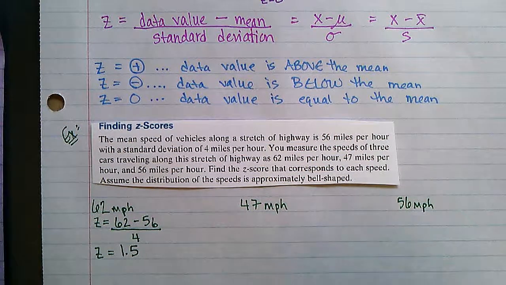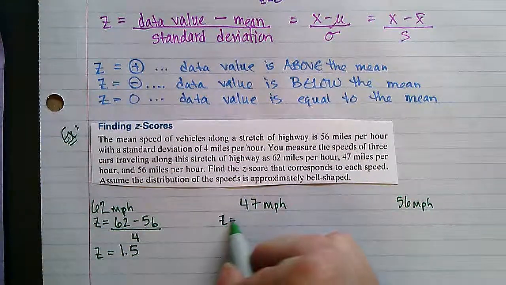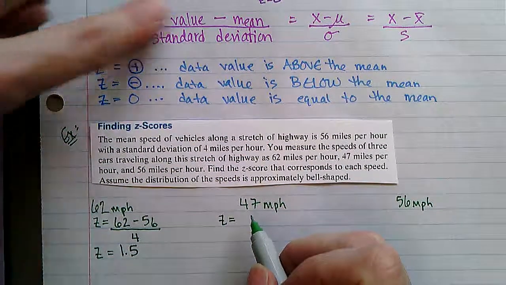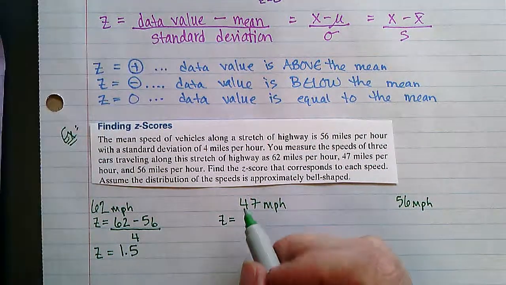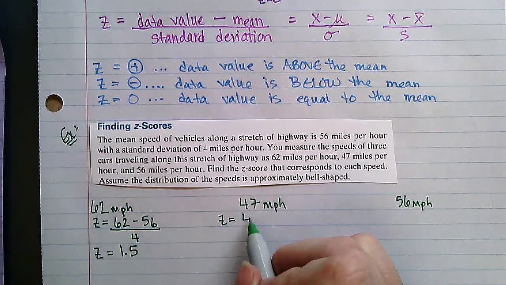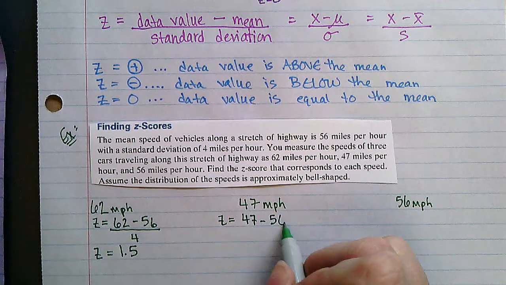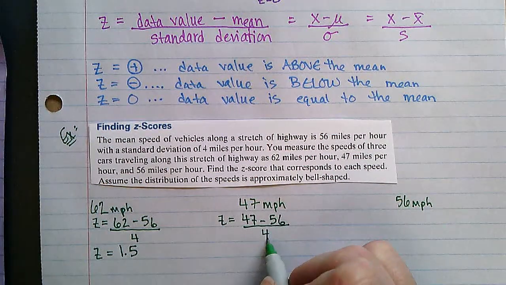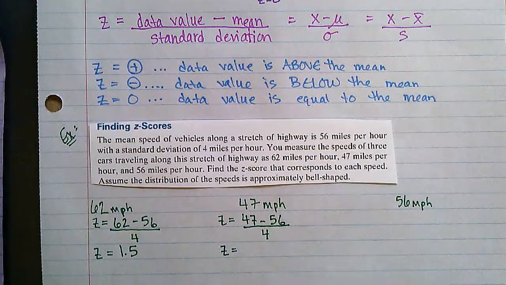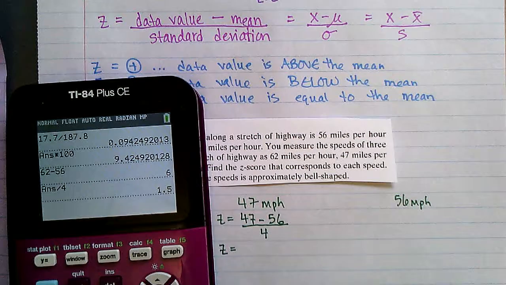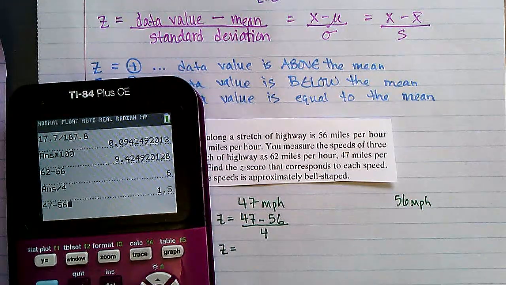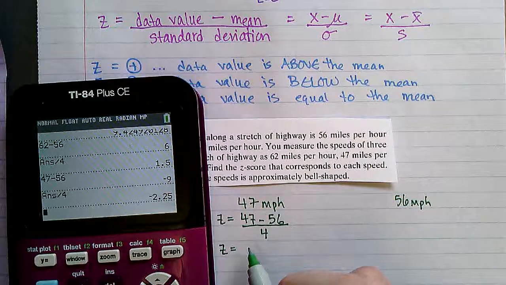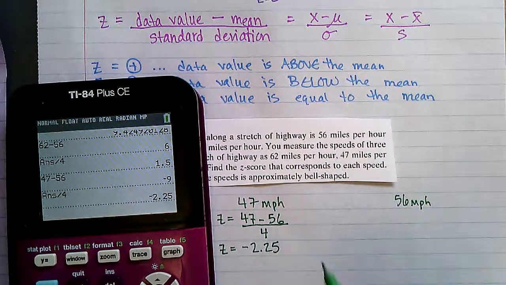For 47 miles per hour, we're going to take data value minus the mean, divide by standard deviation. So the data value is 47, the mean is still 56, and the standard deviation is still 4. 47 minus 56 divided by 4 is negative 2.25.